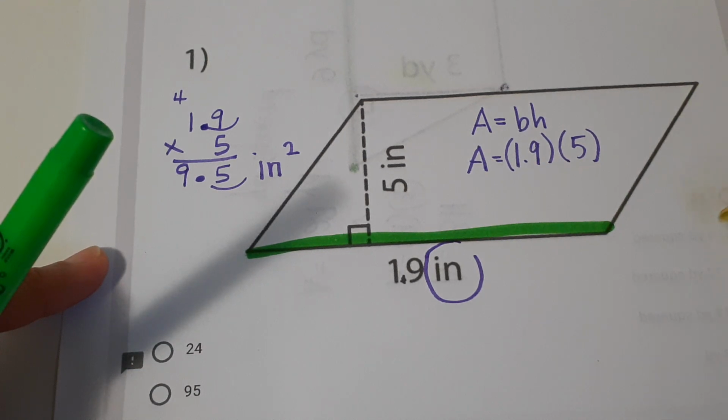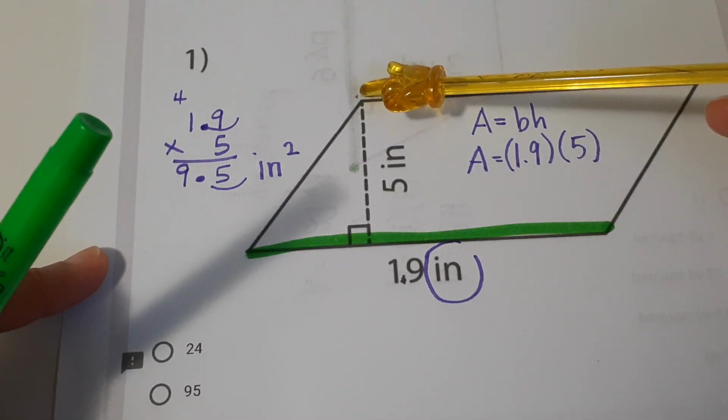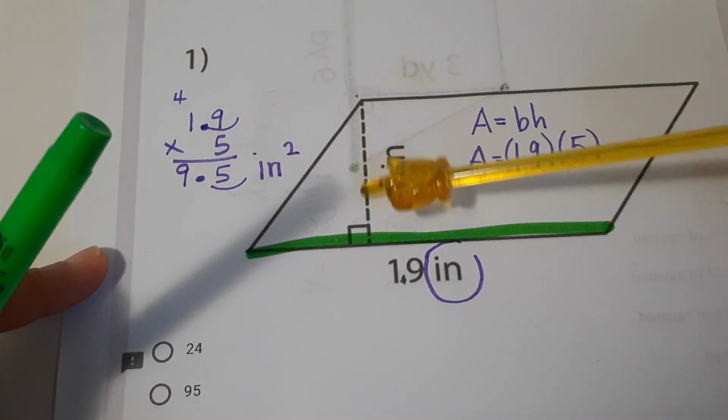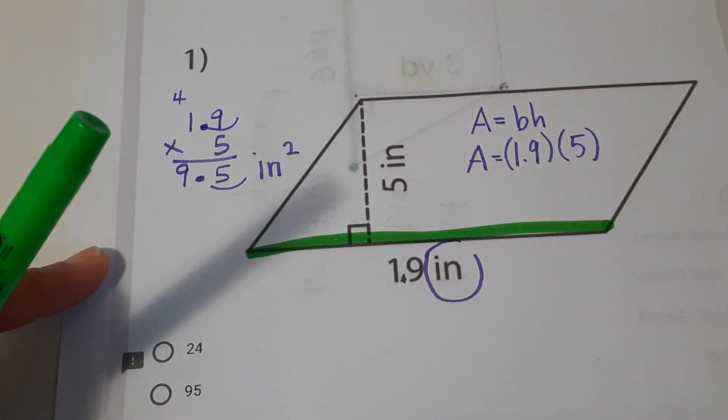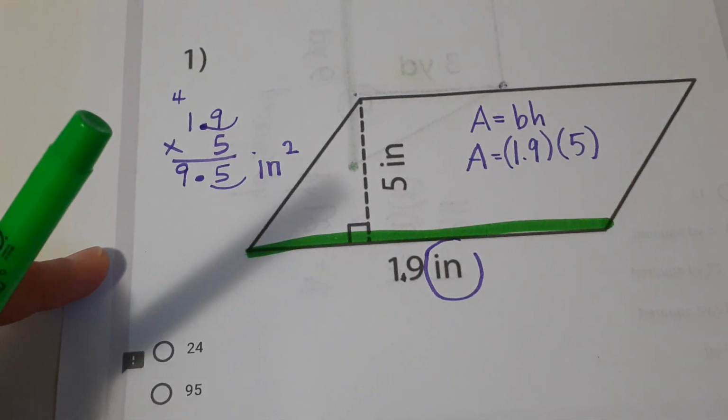It's going to land right here on the leveled ground. A ball will not fall diagonally like this, right? It'll fall straight down, just like this line right here, from the top base straight down to the bottom base. It forms a 90-degree angle right here. That right there is your height.